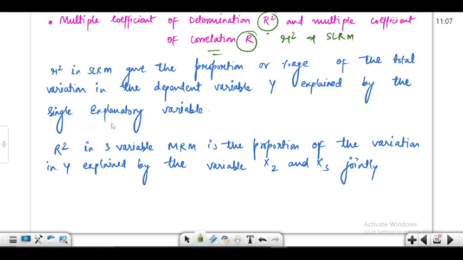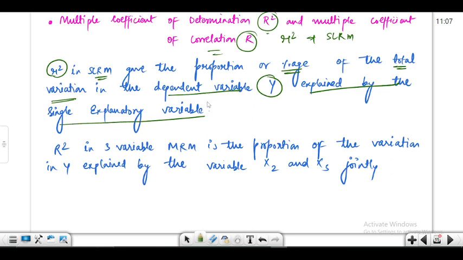So small r square in your simple linear regression model gave the proportion or percentage of the total variation in the dependent variable, that is the y variable, explained by the single explanatory variable. So there was a single variable. Whatever percentage of the variation in the y variable was being explained by the x variable was captured by your small r square.